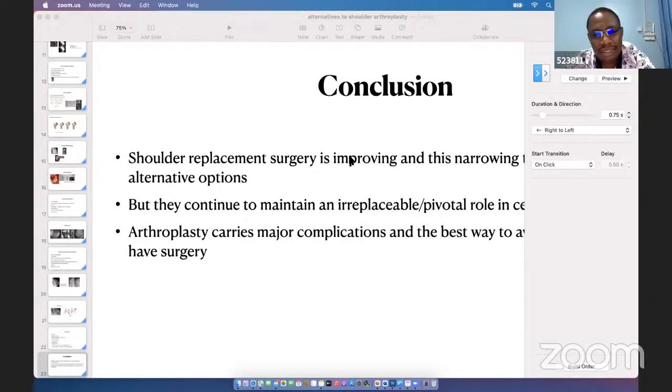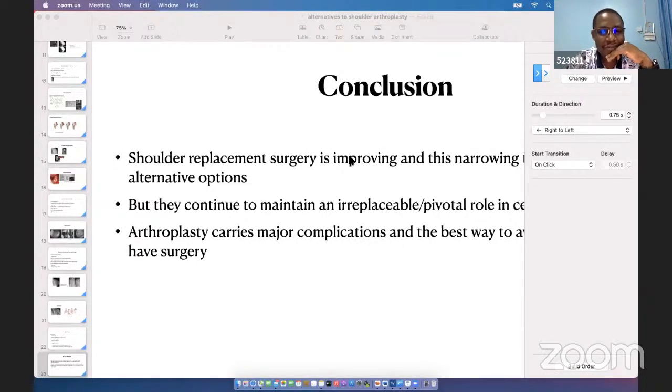And then other things come later, like peri-implant or peri-prosthetic fractures. So it is important to look at the timing when you're evaluating these complications. Infection earlier on and later on, implant-related problems like loosening of the glenoid and peri-prosthetic fractures.